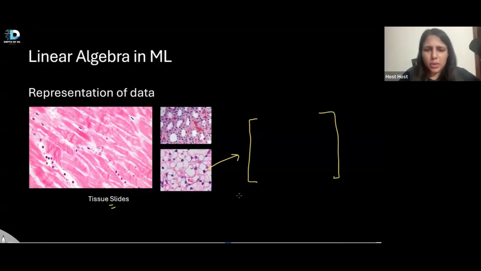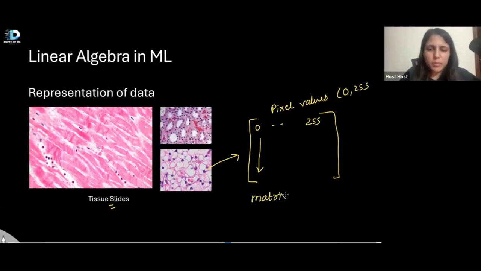A very usual way to represent this is pixel values. Pixel values go from 0 to 255, and you can fill in these values here and there, and you can choose the size that you want to represent it in. So again, we are using a matrix to represent the data that we have.